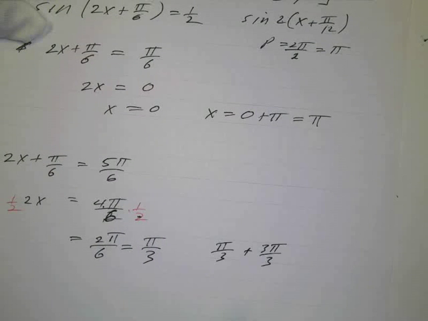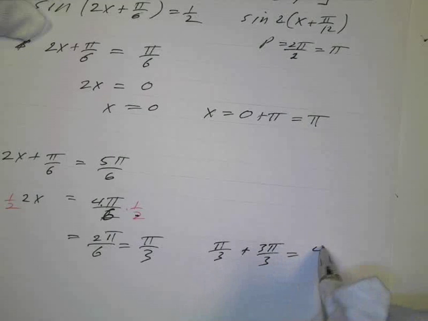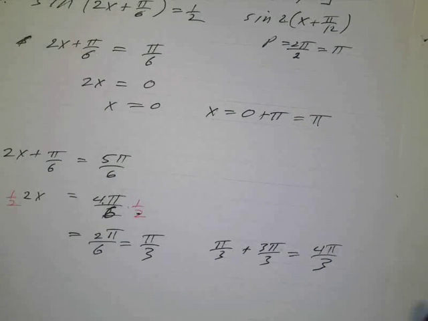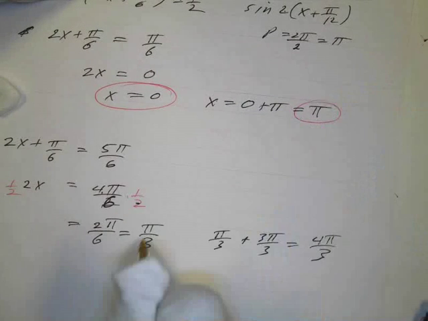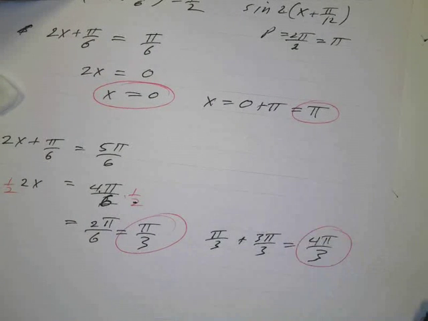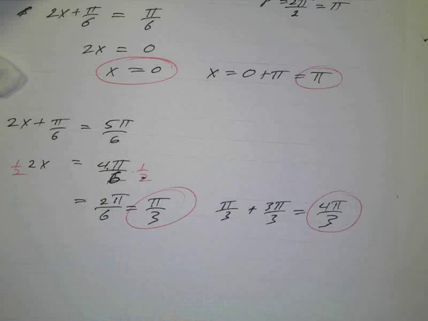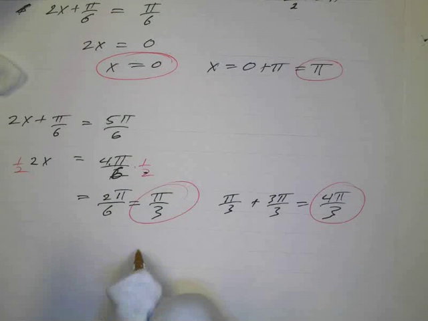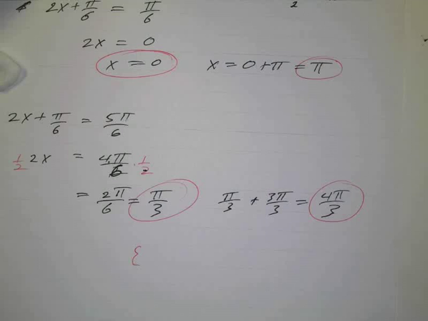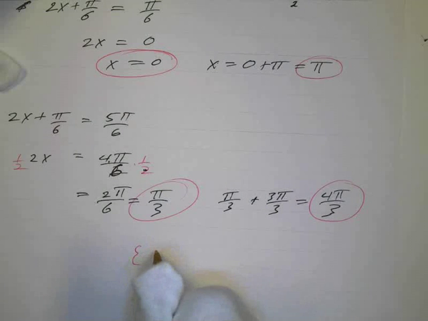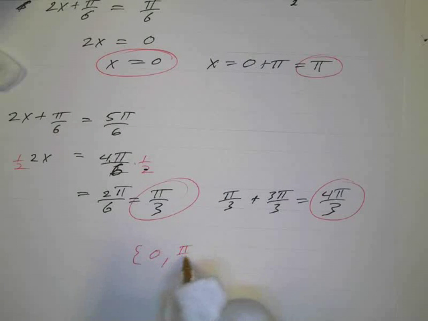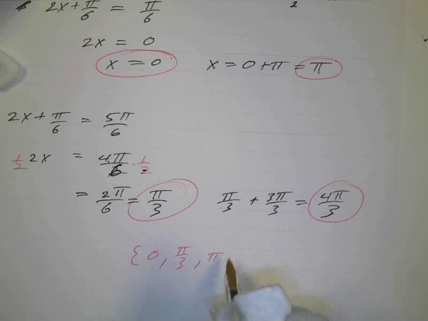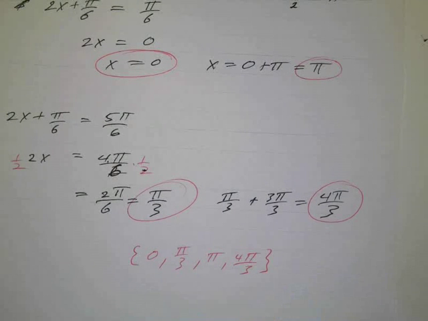And pi is the same thing as 3 pi over 3, right? I did that so I can add those, and I get 4 pi over 3. So those are your 4 basic solutions. If you write a solution set, you get 0, pi over 3, pi, and 4 pi over 3.